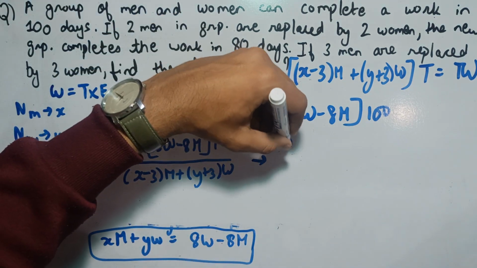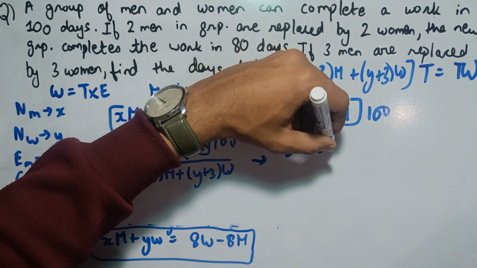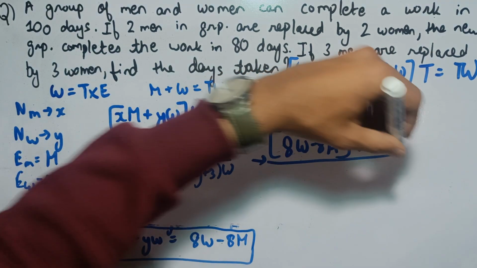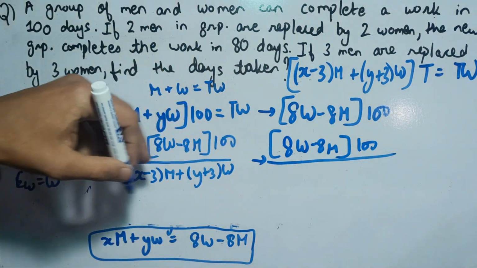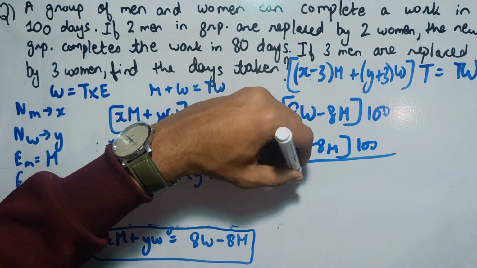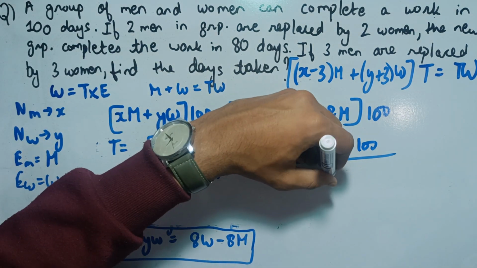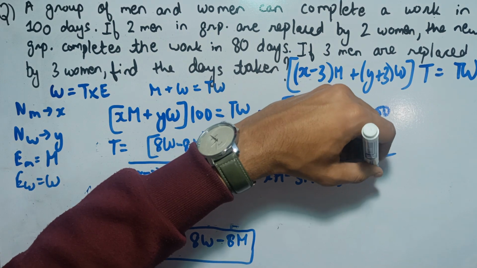This would be the same 8W minus 8M into 100, and this would come out to be XM minus 3M, and YW plus 3W.